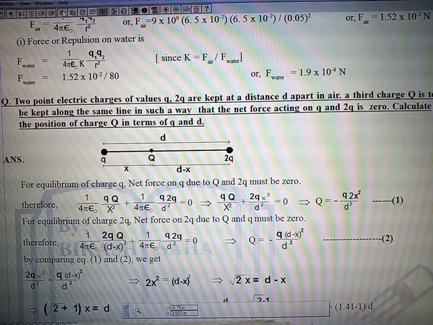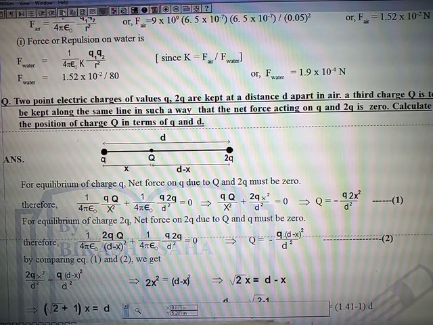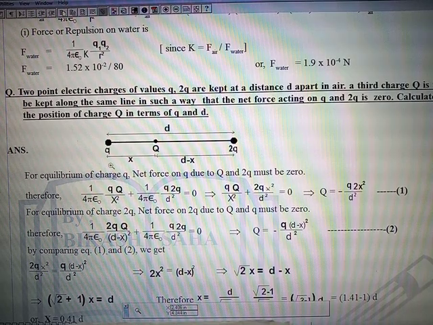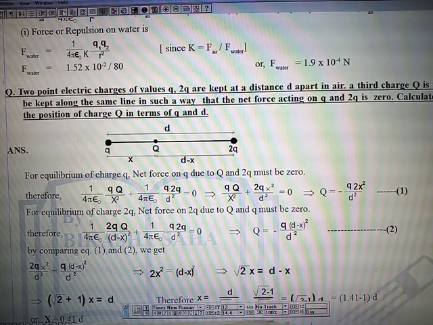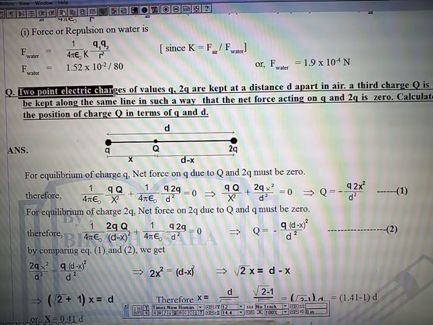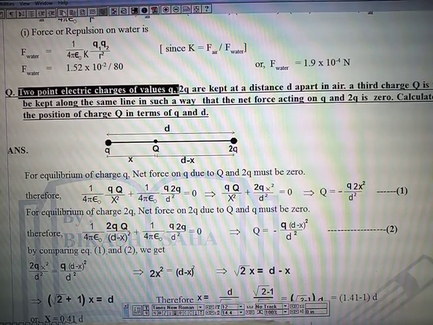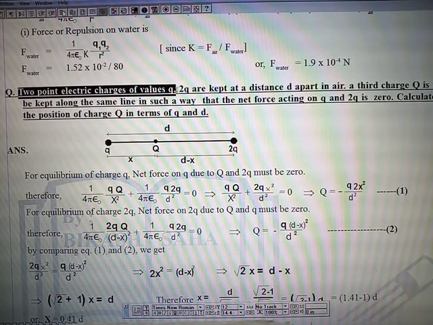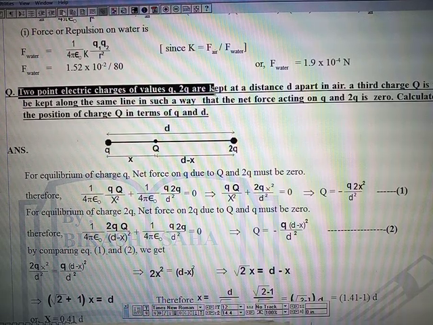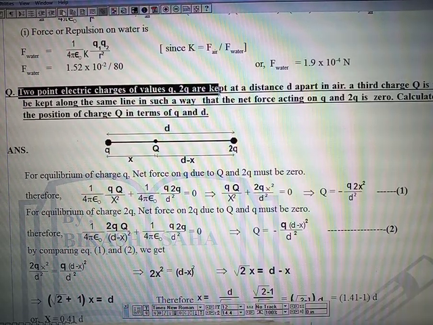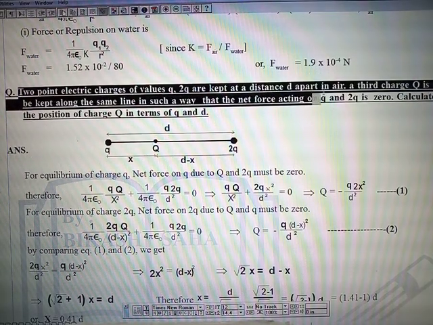According to the question, two point electric charges of values q and 2q are kept at a distance d apart in air.